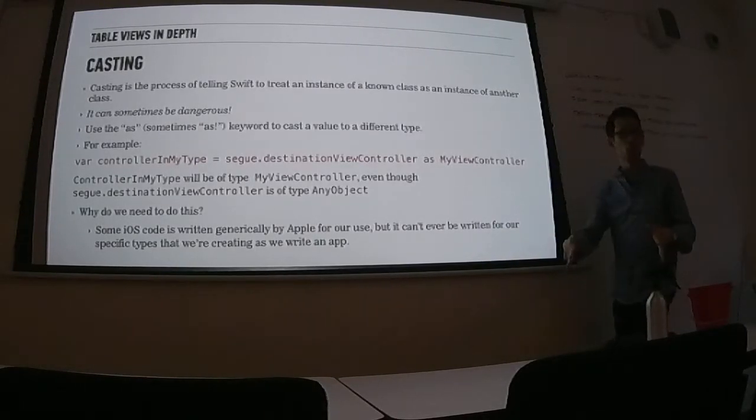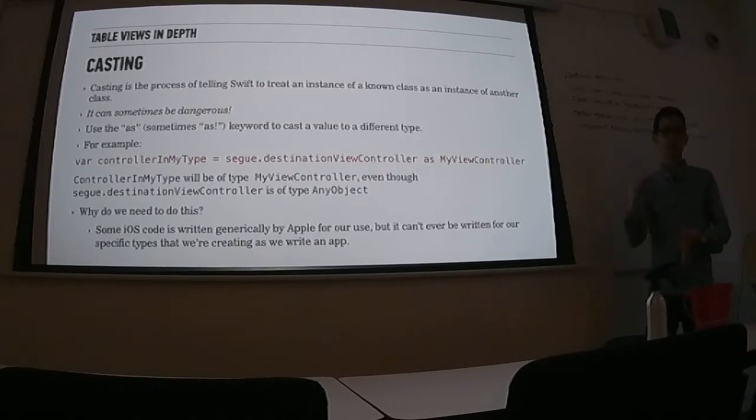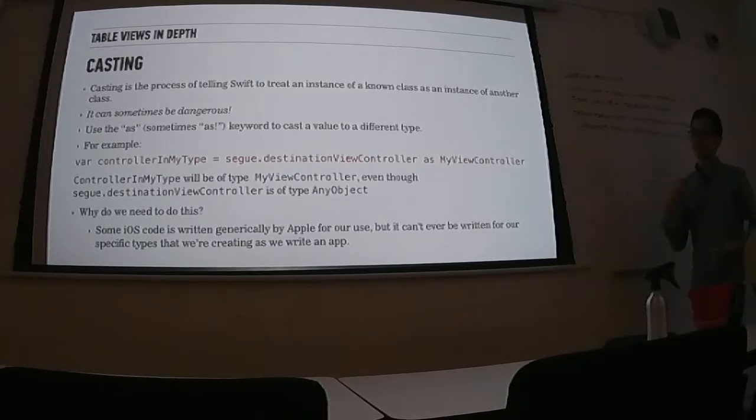It had nothing to do with the class that you had gotten. And so that can be disastrous to an app. So we have to be very careful in using this technique. But it's very necessary, especially when dealing with view controllers, and especially when dealing with table view cells.